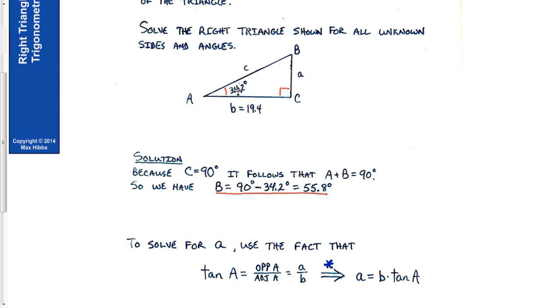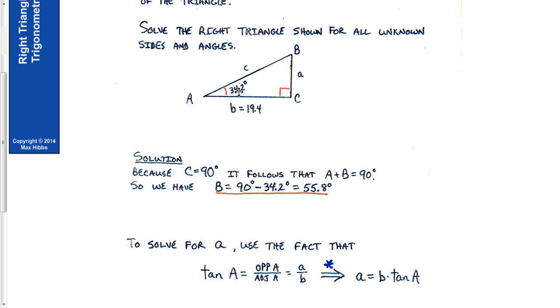We have angle A and side B. So for instance, if I'm wanting to calculate the length of side A, I've got to have an equation that has that unknown value in it, plus values that we know. And so we need to figure out which trig function involves what we're looking for and what we have.